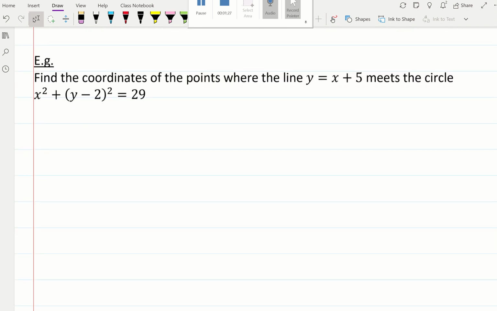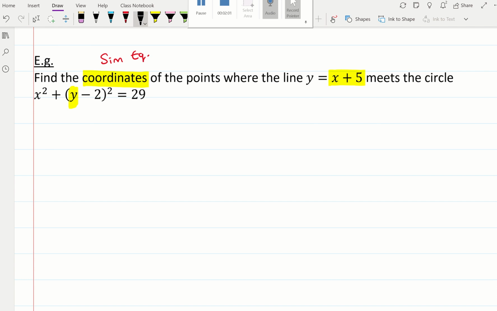Now, for this, it says find the coordinates of the points where the line y equals x plus 5 meets the circle x squared plus (y minus 2) squared equals 29. If I'm looking for coordinates, this is simultaneous equations. So I need to substitute, and I would change y for x plus 5.